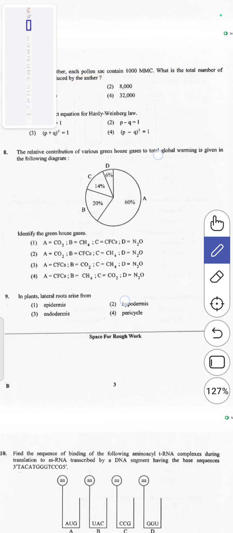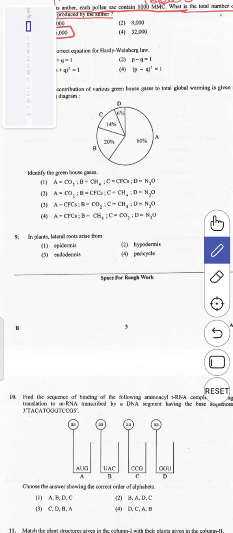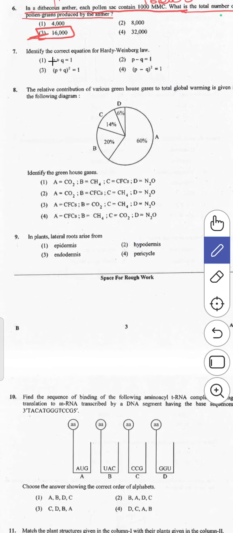Then read out the next one, that is the seventh question. Identify the correct equation for Hardy-Weinberg law. Hardy-Weinberg law: p plus q equals 1, or (p plus q) whole square equals 1.